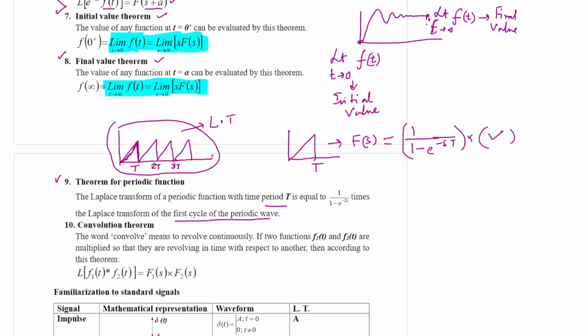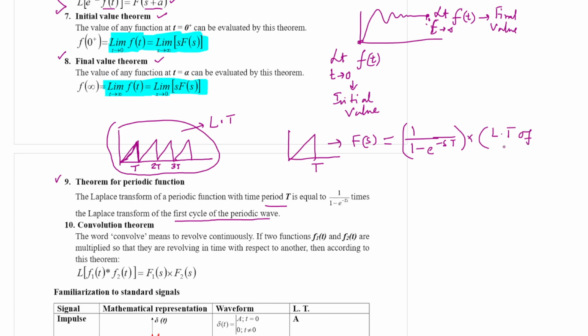So let me repeat again. If we have a periodic signal like this with time period T, then you don't have to calculate the Laplace transform of the entire signal. You should consider only the Laplace transform of the first cycle.